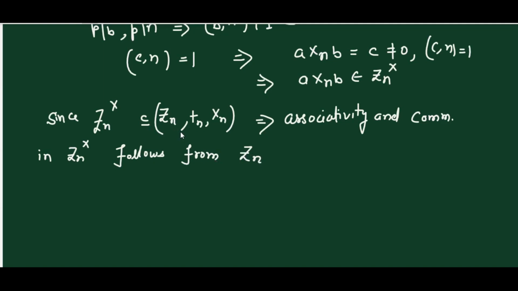Therefore associativity and commutativity follow from Zn. Okay, so what have we shown? We have shown closure, associativity and commutativity.